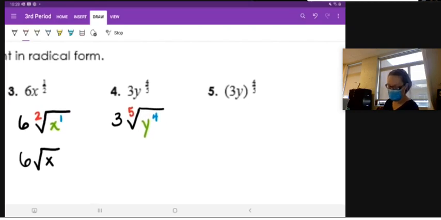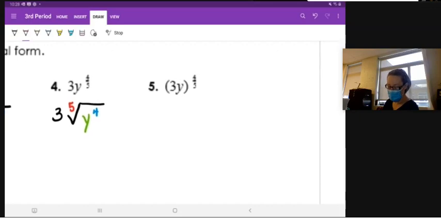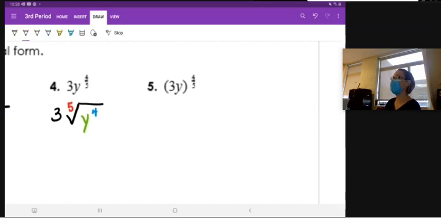One more example. Number 5 and number 4 are almost identical. Almost. 3y to the 4/5. The difference is that set of parentheses. So some of you might be able to see where this is going. When we are examining a rational exponent, you have to identify its base.